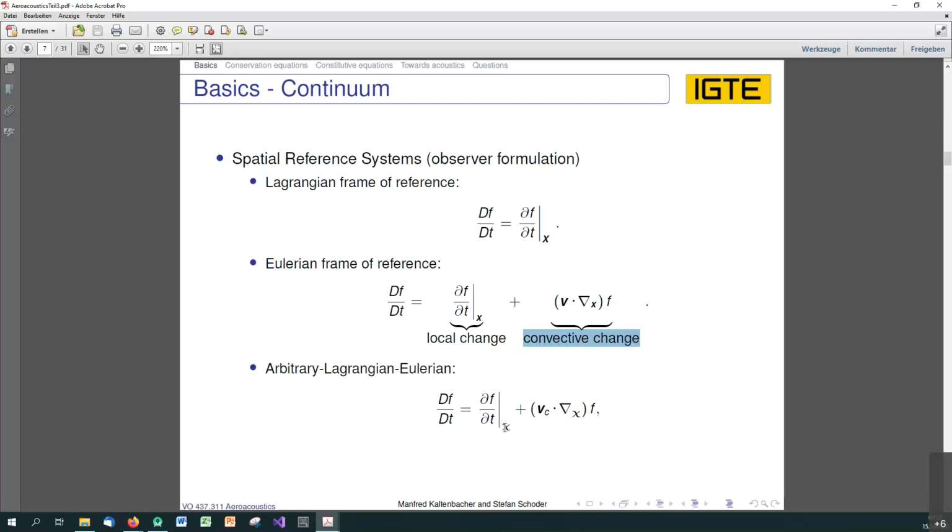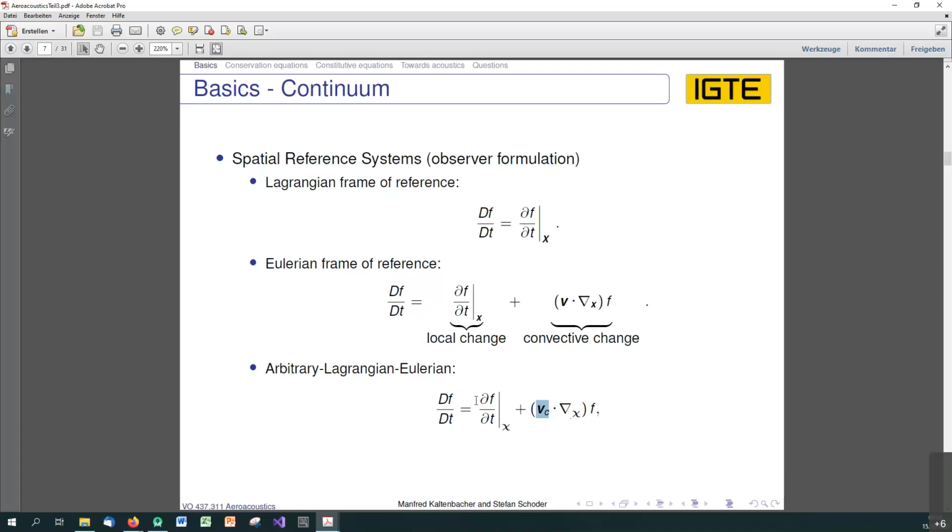So you are fixed on a grid that is moving, and you have a convective change, which is not the pure velocity of how the particles are convecting, but it's the difference between the observer convection and the material convection.